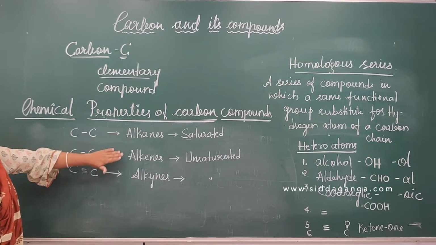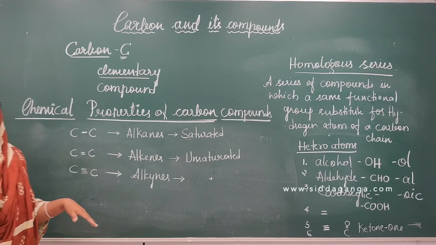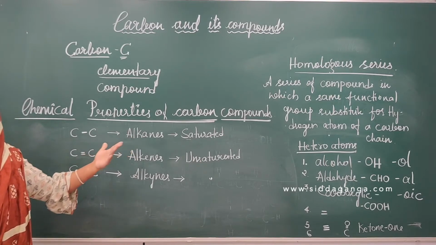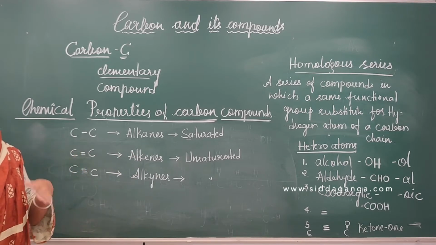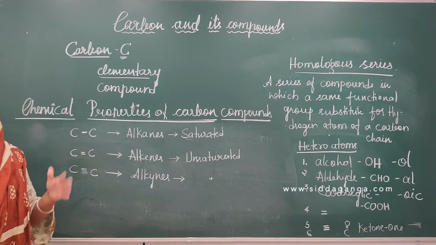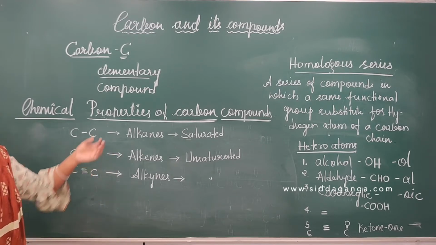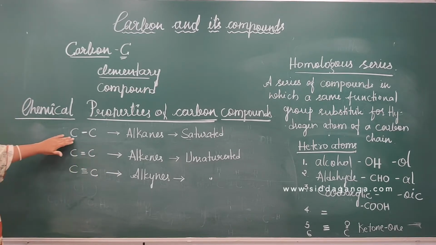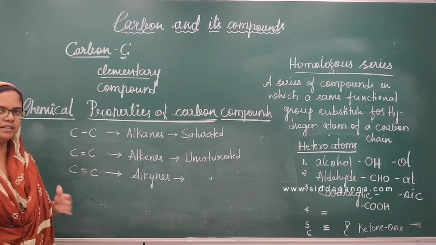We can even find a general formula for this. If they give you many compounds and ask you to write the formula of a particular compound, or sometimes they give a formula and ask whether it is an alkane, alkene or alkyne, then knowing the general formula of alkanes, alkenes and alkynes will help us.